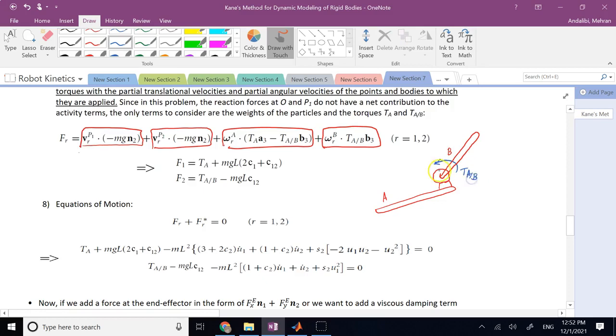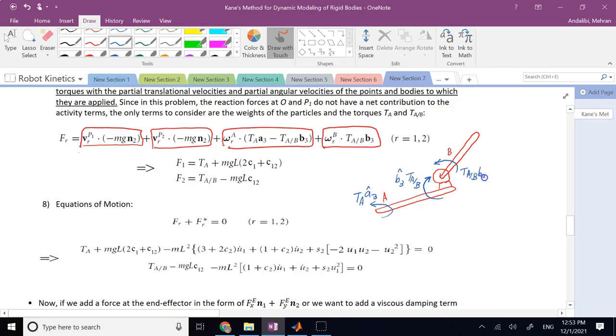The reaction of that is applied back to the motor, and motor is rigidly attached to block A, so you have a reaction TAB backwards on block A, and you also have this T of A. So this TA was in the direction of A3, if you remember, and that TAB is in the direction of B3.